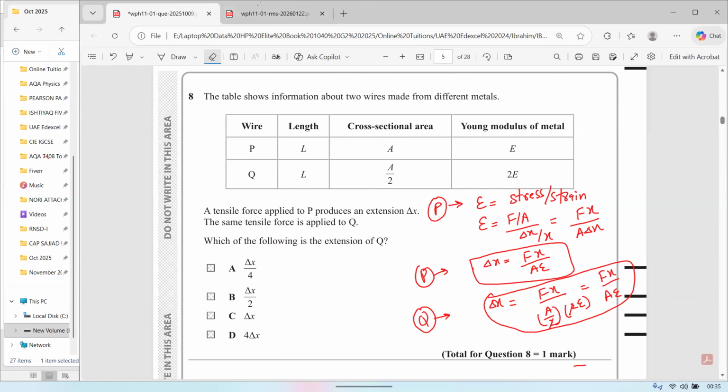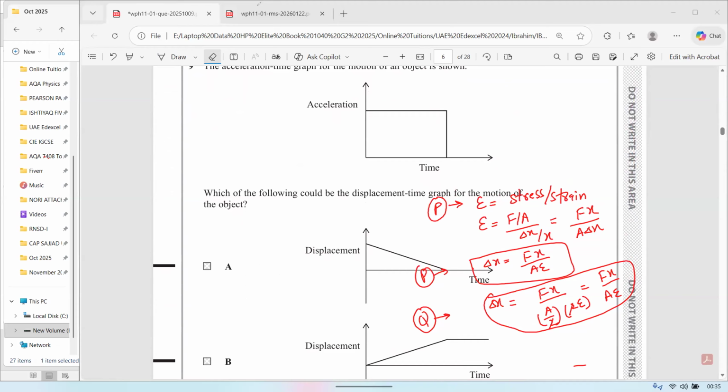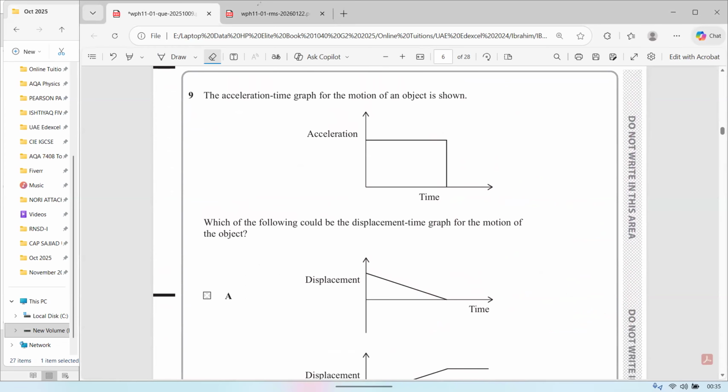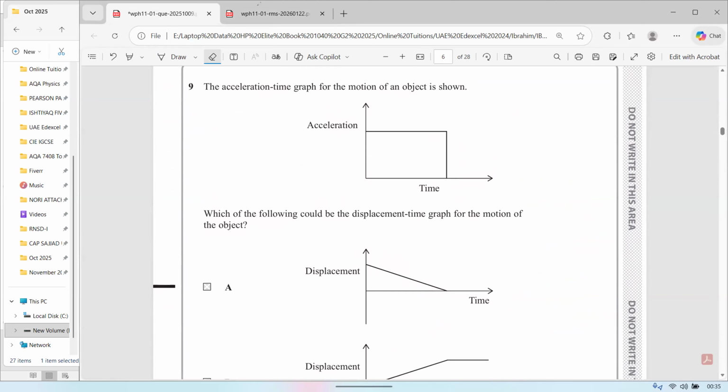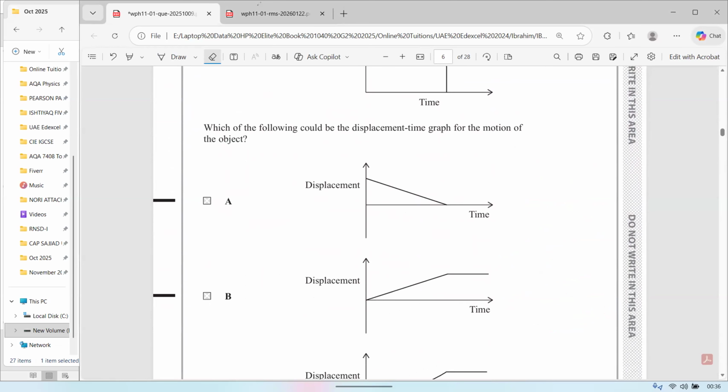Okay. So question number 9. The acceleration time graph for the motion of an object is shown. Which of the following could be the displacement time graph for the motion of the object?